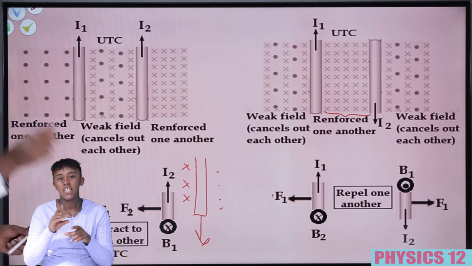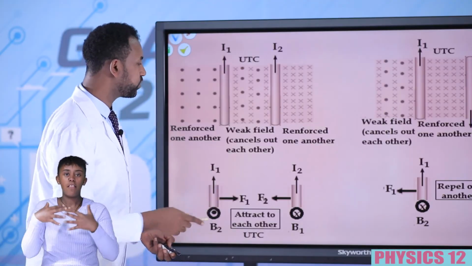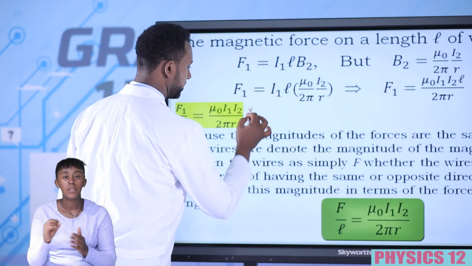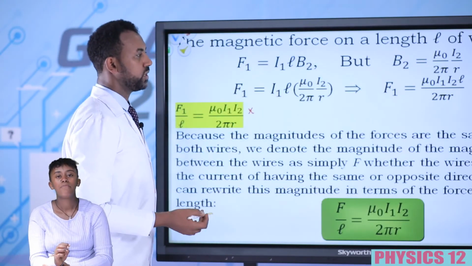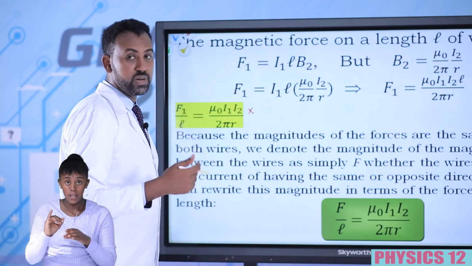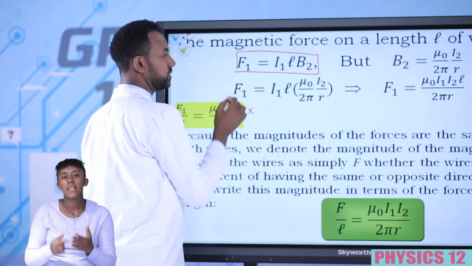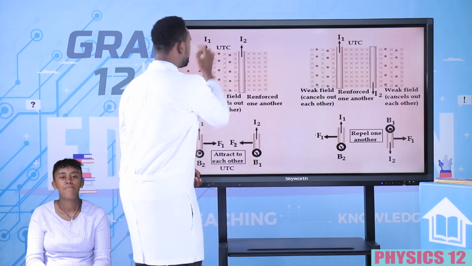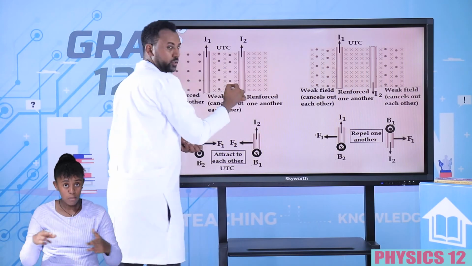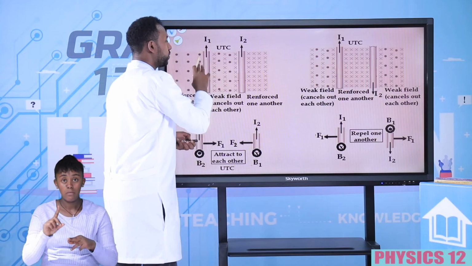So how do we determine the interactive force between the two wires? It can be given using this equation. Previously, if a current carrying conductor is immersed in a uniform magnetic field, it is possible to determine the force. For example, the first wire is found in a magnetic field produced by wire 2.